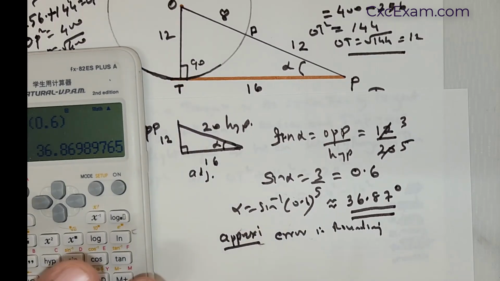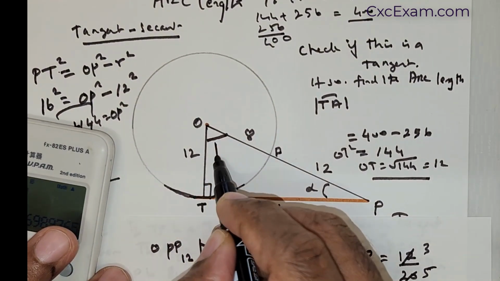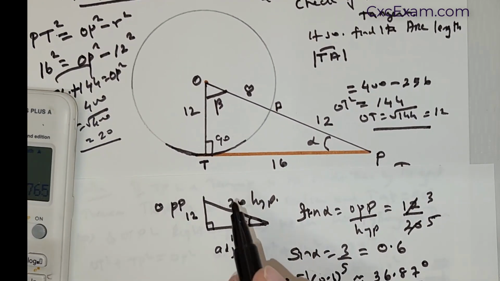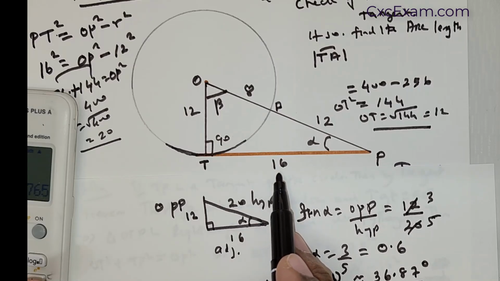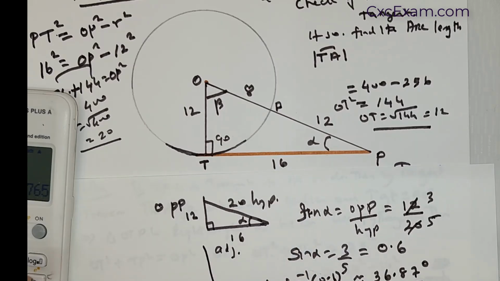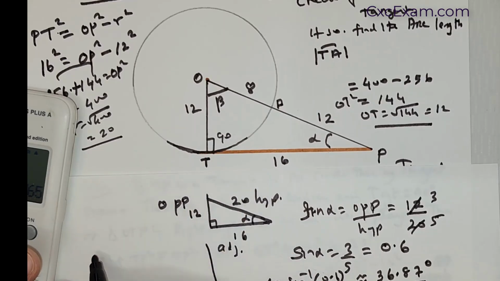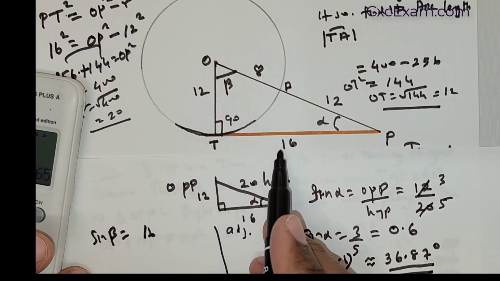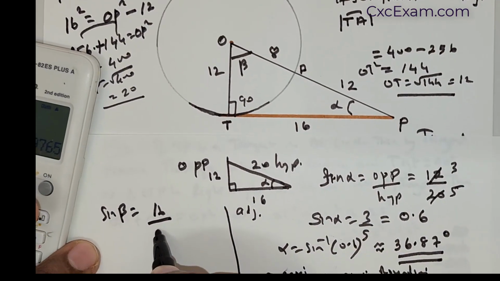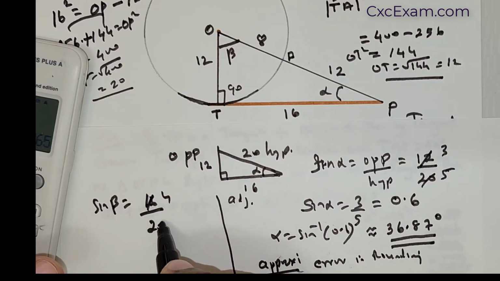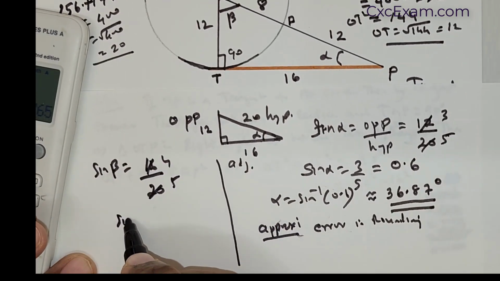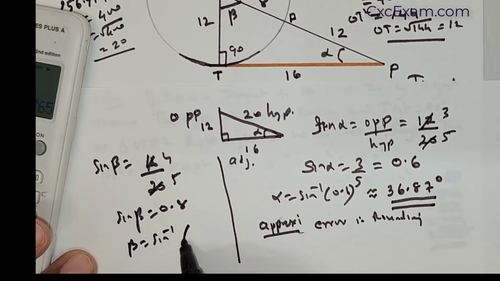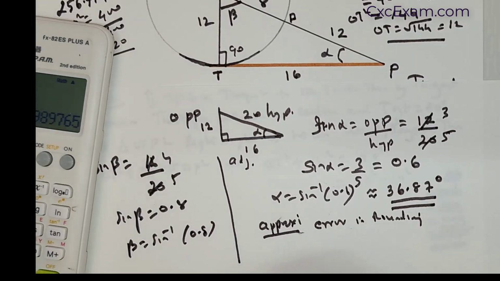So if I were to find the other angle, say beta, I can actually use the same opposite side. I can find this angle also. So sine beta is opposite side by hypotenuse. Hypotenuse is 20. So 4 divides here 4 times, 4 divides here 5 times. So sine beta is 0.8 and beta is sine inverse of 0.8.